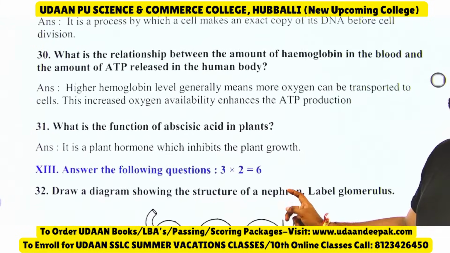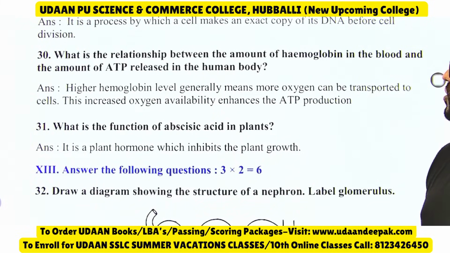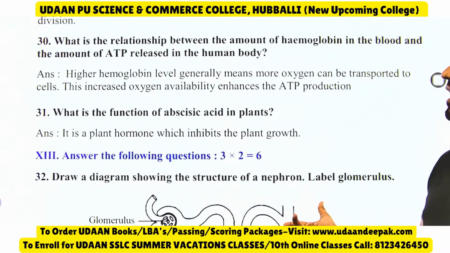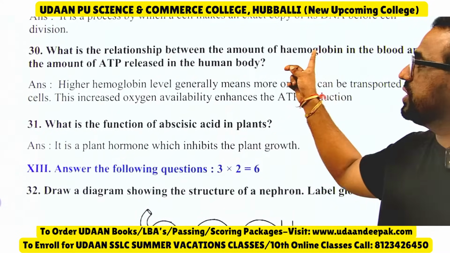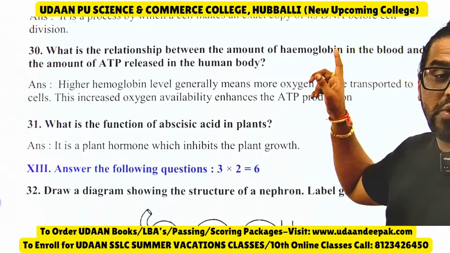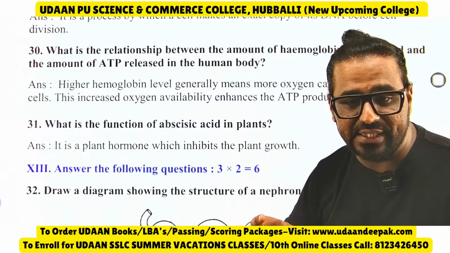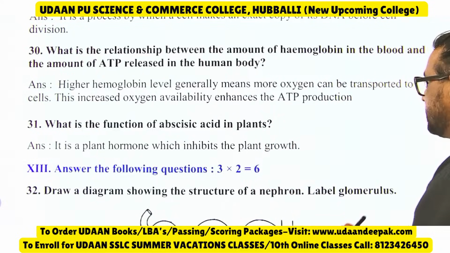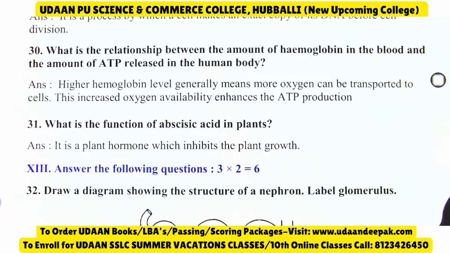Then, what is the relationship between the amount of hemoglobin in the blood and the amount of ATP released in the human body? See, you know that a higher hemoglobin level generally means more oxygen. Hemoglobin is a respiratory pigment. Remember, which is a respiratory pigment?